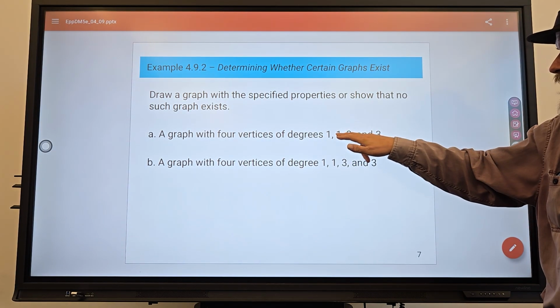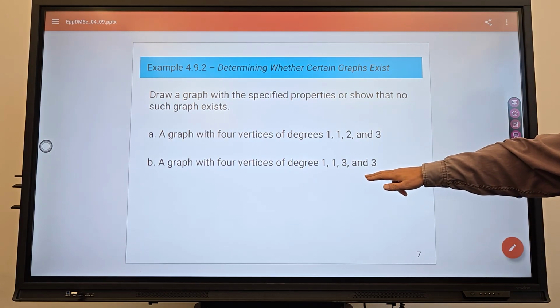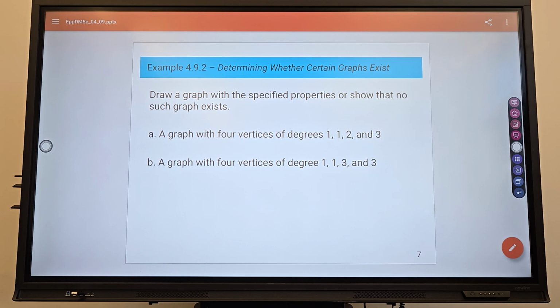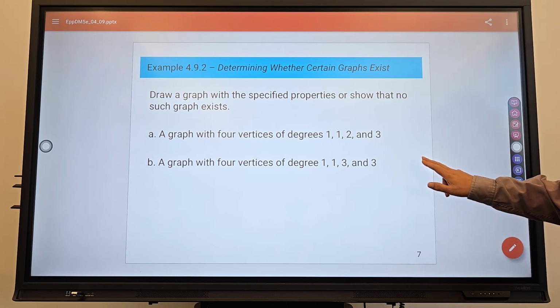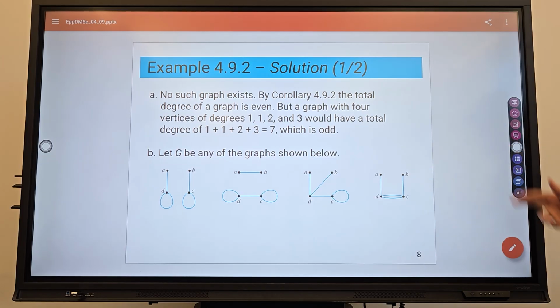The total degree is 7 here, and that's an odd number. The degree of a graph is always going to be even. It's going to be 2 times some integer. But B would be possible. Yeah, and there are examples of how you could draw those graphs.